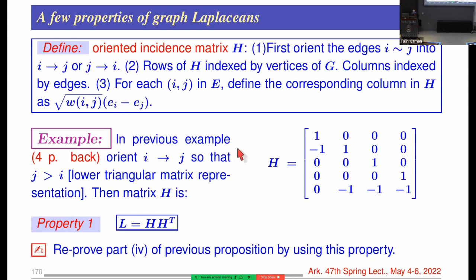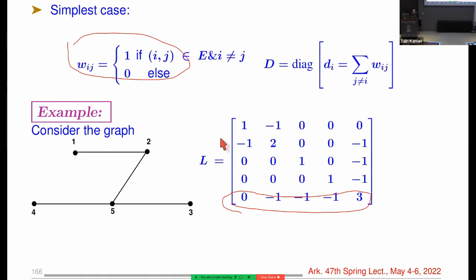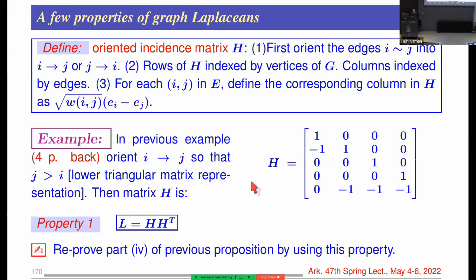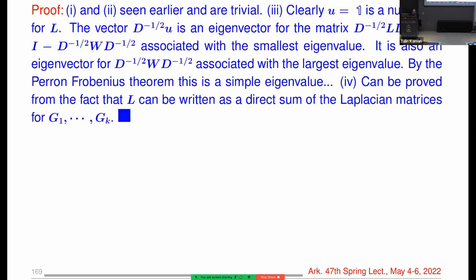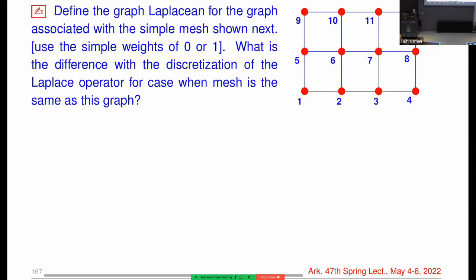This one has 5 vertices, but you have 4 edges, 1, 2, 3, 4, and you can see easily that this is the H matrix associated with it. This is the first edge. It goes from 1 to 2.